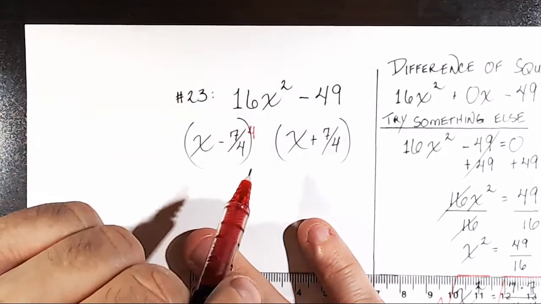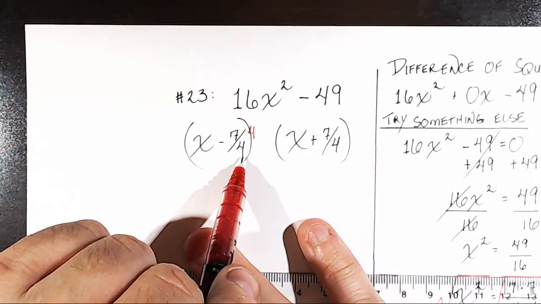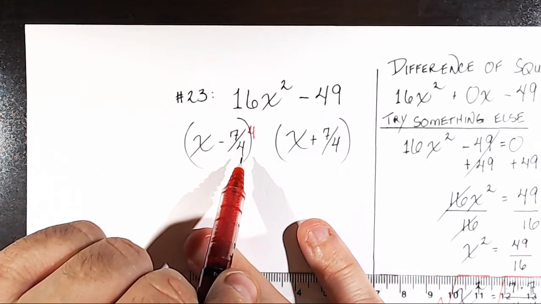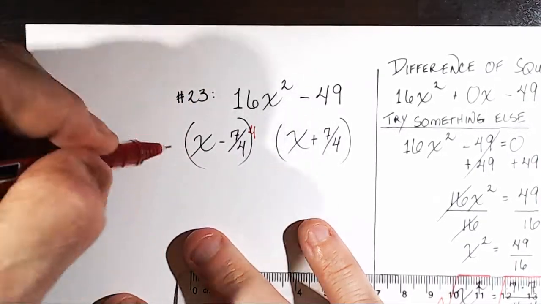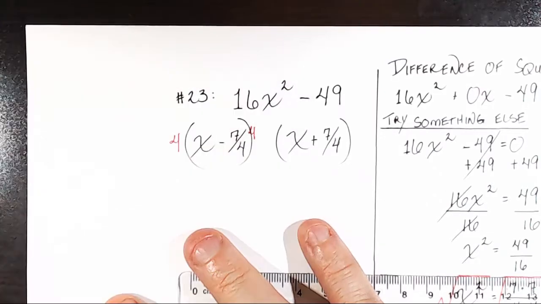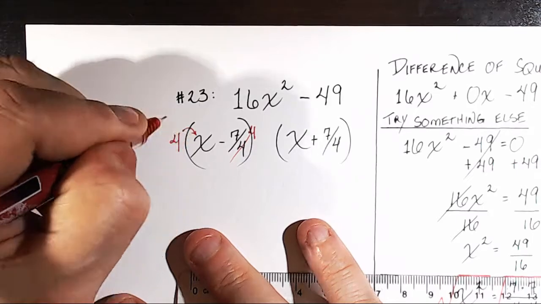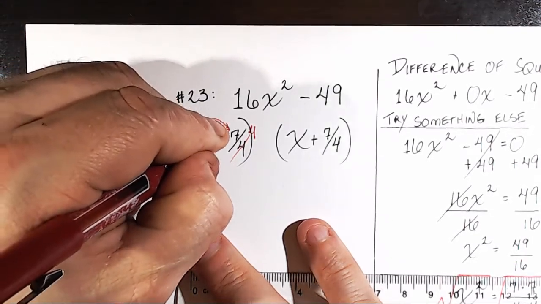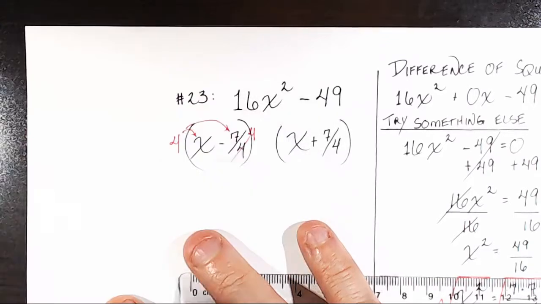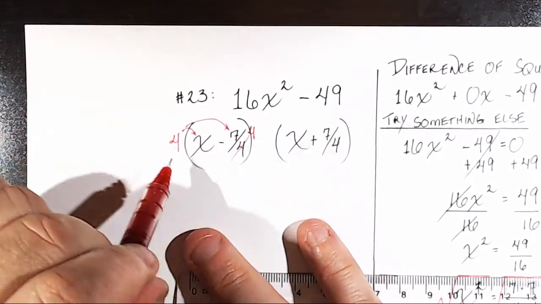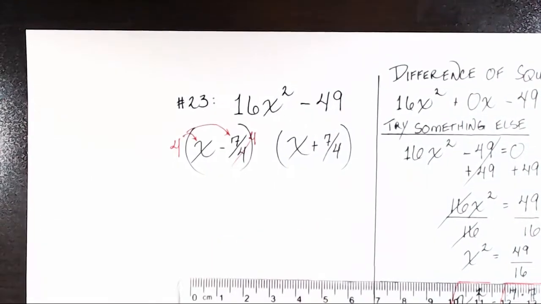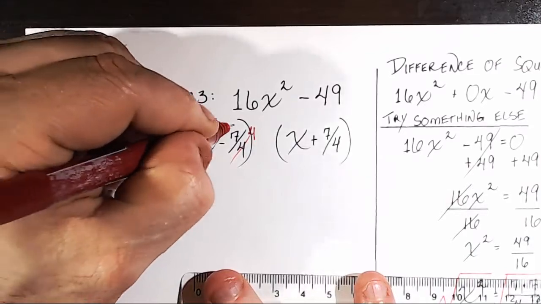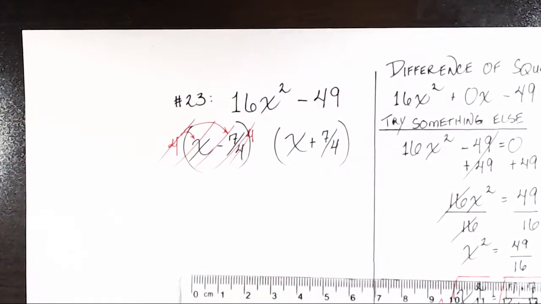Well, it would get rid of the 4, it would cancel the 4. But now I would have 4x minus 7, and that's different. We can't change the underlying equation, so that doesn't work. Think about what else you could do.